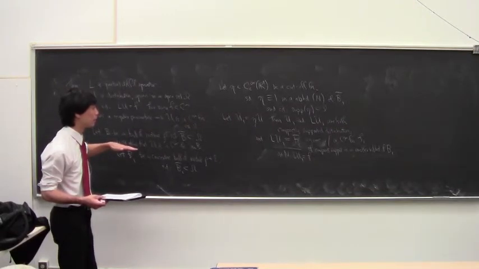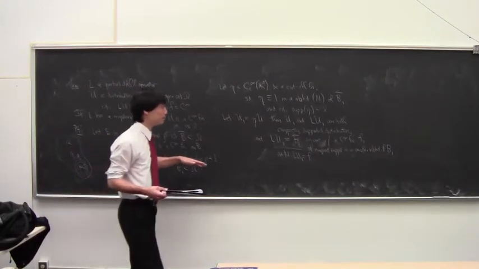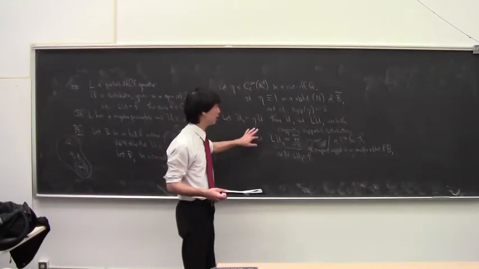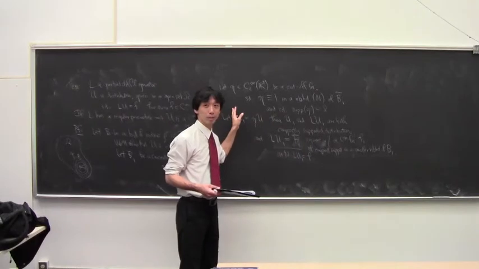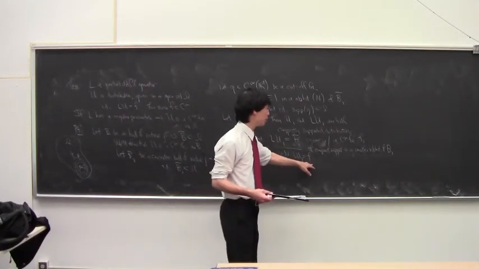I think that just means that F1 could be eta times F, right? You take eta times F, you get F1.